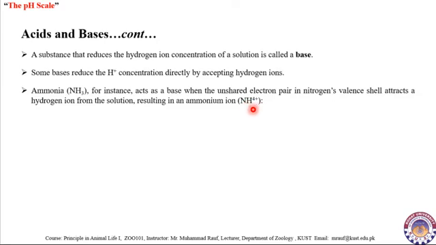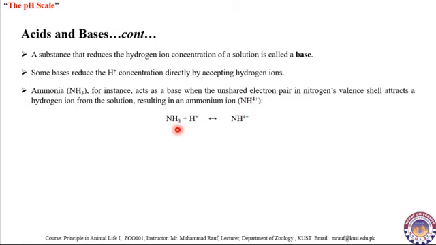So in this way, the population of hydrogen ions decreased, and because we compare these two ions when we talk about acidity and basicity, if the concentration of one ion decreases, then automatically the concentration of the other ion, the hydroxyl ion, increases.